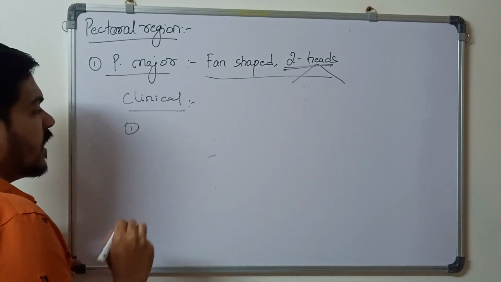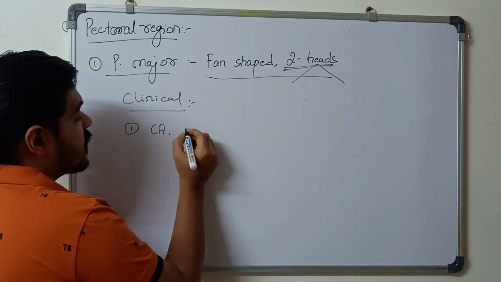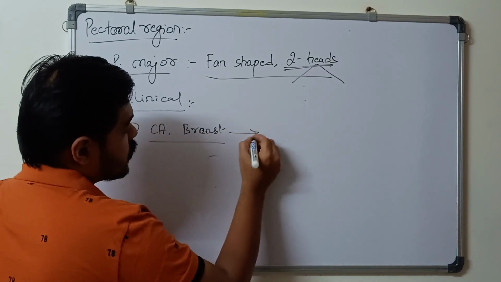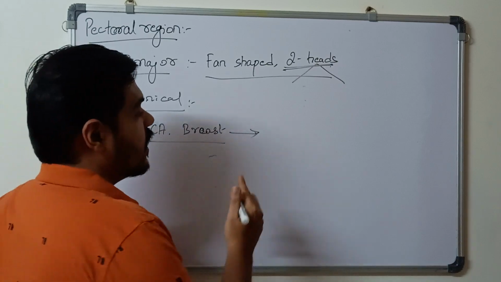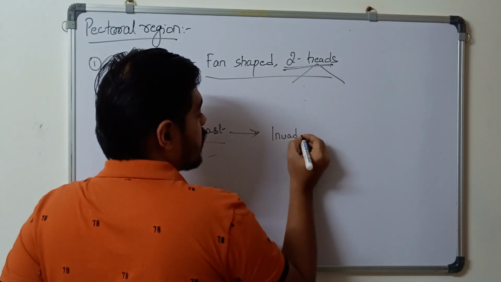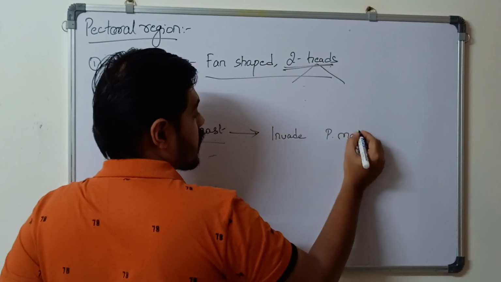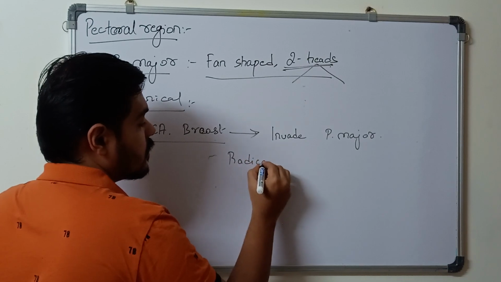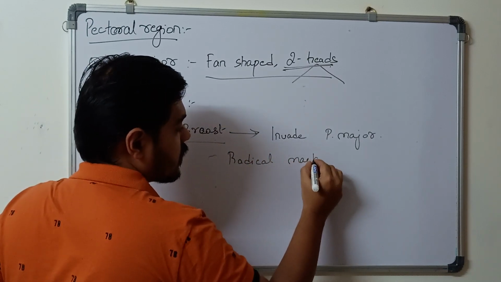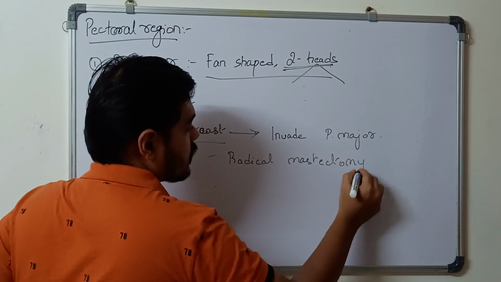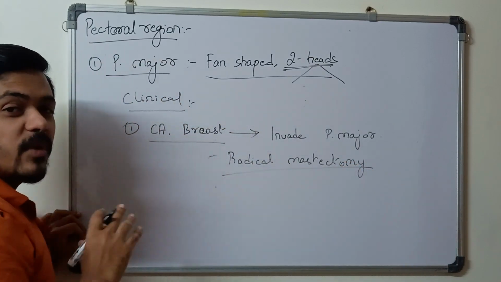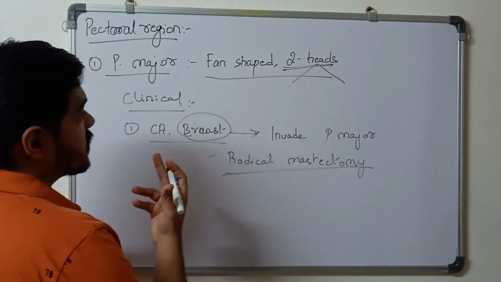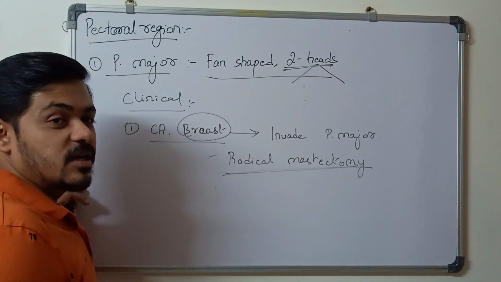The first point is, in case of carcinoma of the breast, the carcinoma might spread deeper and invade the pectoralis major muscle, in which case a radical mastectomy is undertaken, where the entire muscle will be removed along with the breast tissue. So this is one of the major points of clinical interest regarding the pectoralis major muscle.